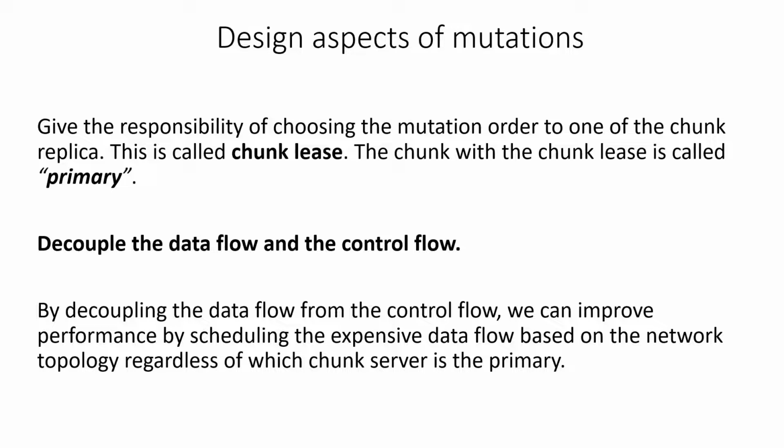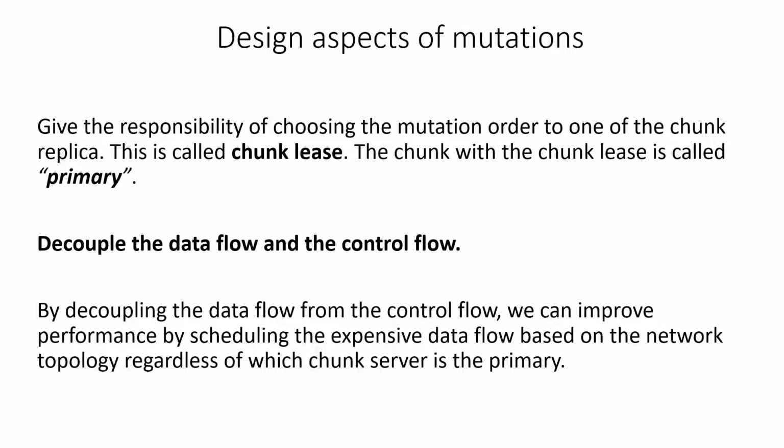So this is one aspect. The second aspect is the decoupling of the data flow and the control flow. So control and data are completely decoupled. If I write a particular amount of data to a particular chunk replica, first I'll pass all the data and then tell the primary of the particular chunk replica what to do, whether to write or append.